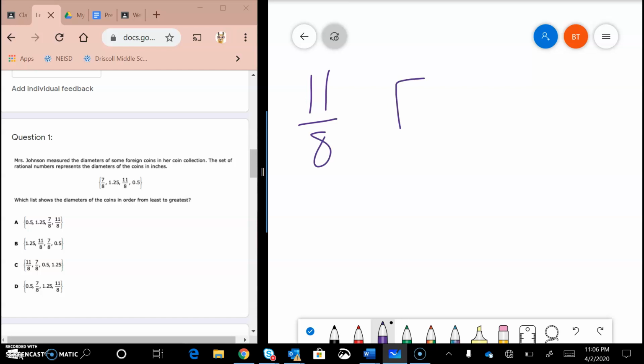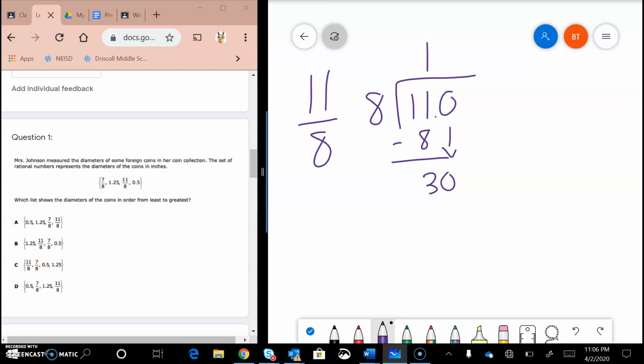When I divide, I'm going to have 11 on the inside and 8 on the outside. Now 8 can go into 11 one time. 11 minus 8 is 3. I have a remainder, so I need to keep dividing until I end up with no remainder.